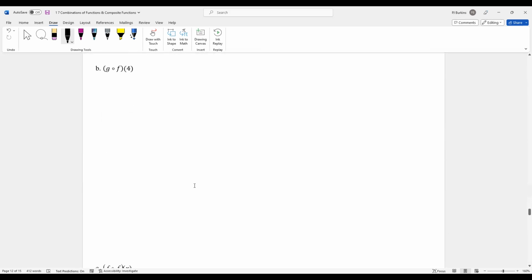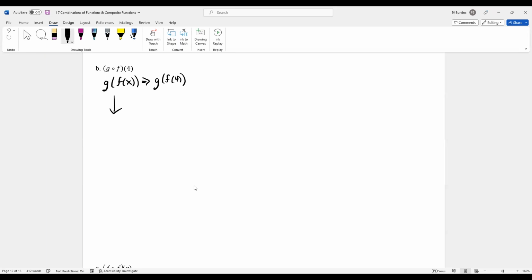All right. Here we've got g of f at 4. So that means we want to plug 4 in when we're done. So this is g of f of x, or really it's g of f of 4. So another way you could actually do this is you can plug the number into the original function, then plug that into the new one, and that should work as well.